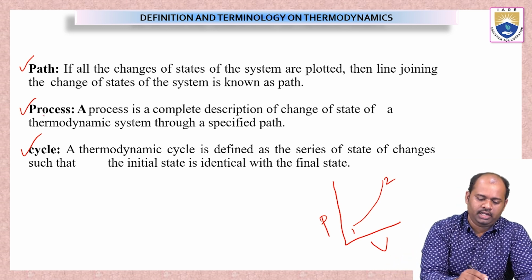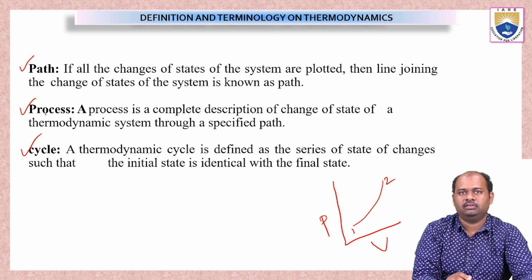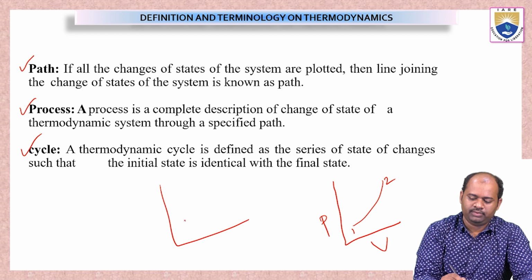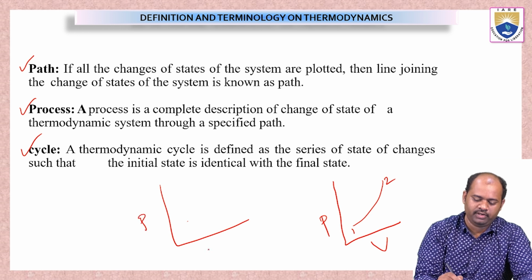And the second one, process. What is a process? A process is a complete description of change of state of a thermodynamic system throughout a specified path. So whenever we are studying a thermodynamic change of state, we will use some set of paths. Suppose I take 2 kinds of path change here. This is a PV diagram.